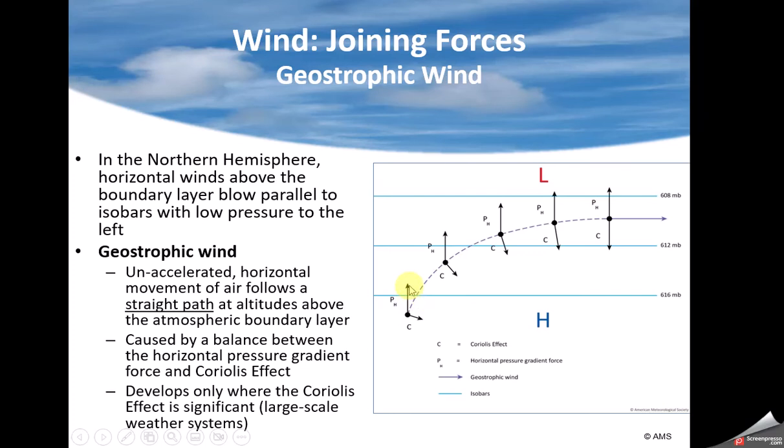As it begins to move that way, Coriolis force starts up to the right. So now that's bending that air parcel. It's going more and more to the right till finally it reaches a balance. The pressure gradient and the Coriolis force are balanced. No friction is involved here. This is above in the upper parts of the atmosphere, and this is a straight line wind.